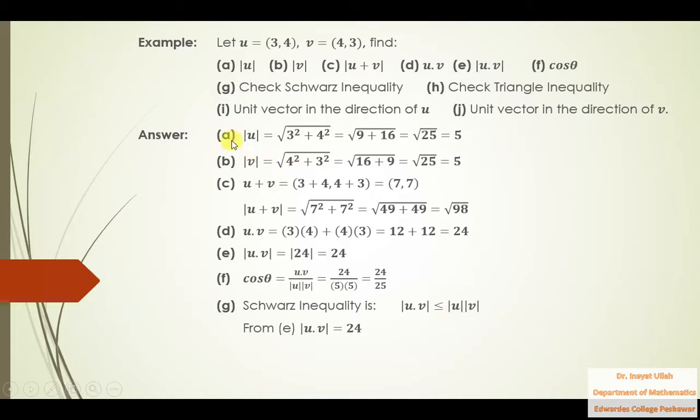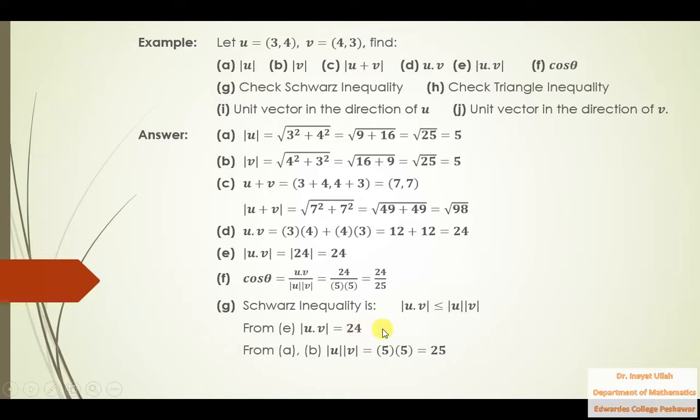From parts a and b, the magnitude of u is 5 and the magnitude of v is 5. So their product is 5 into 5, which is 25.